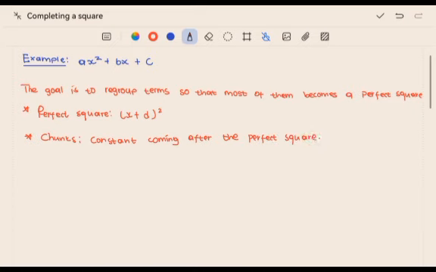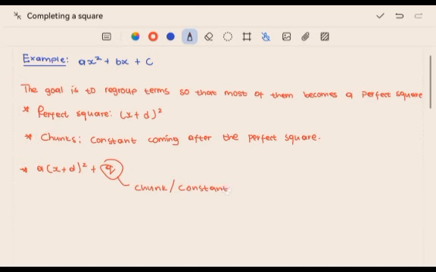After completing the square, you will have an equation that looks like, for example, a(x plus d) squared, and then plus q, where q is what you call your chunk, or your constant.